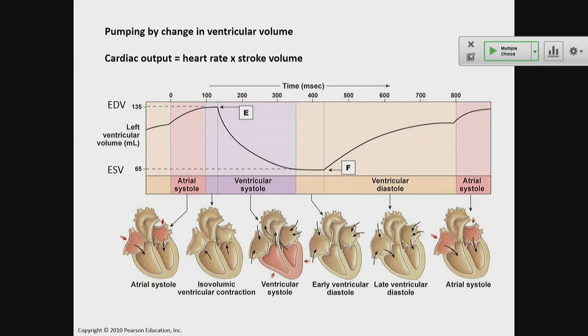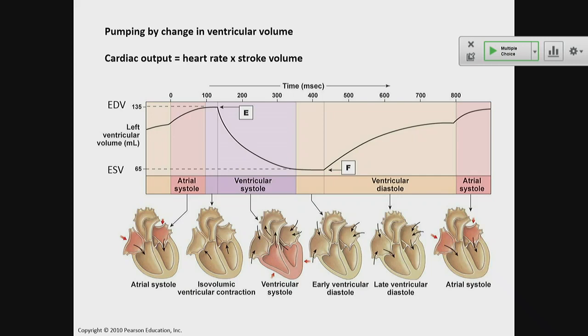The filling, of course, occurs during the relaxation, so the ventricle is maximally filled at the end of relaxation. We therefore call the maximum volume the end diastolic volume, and that's about 135 milliliters.